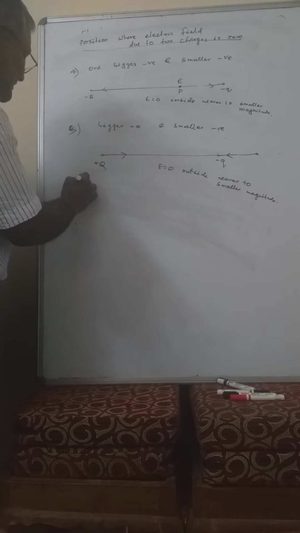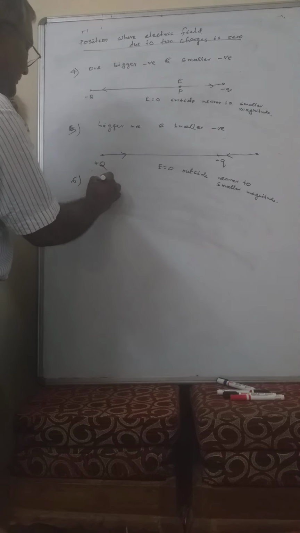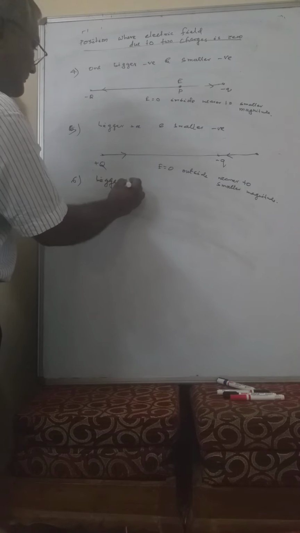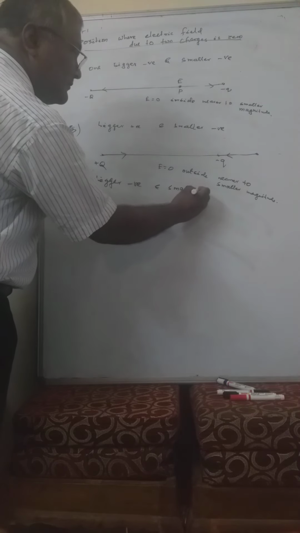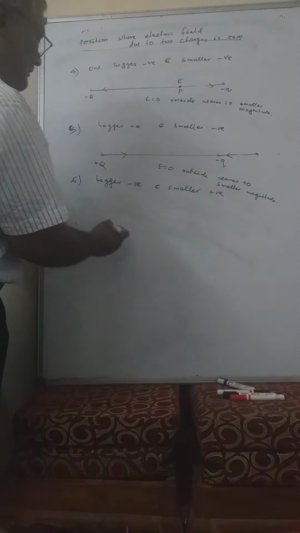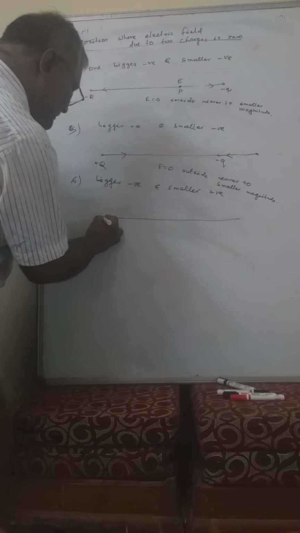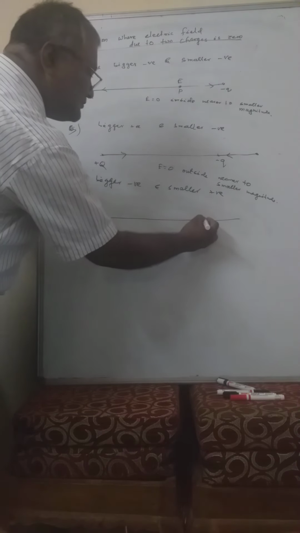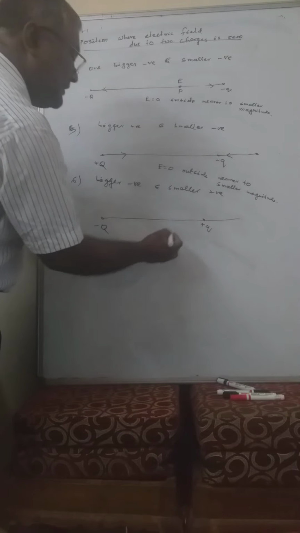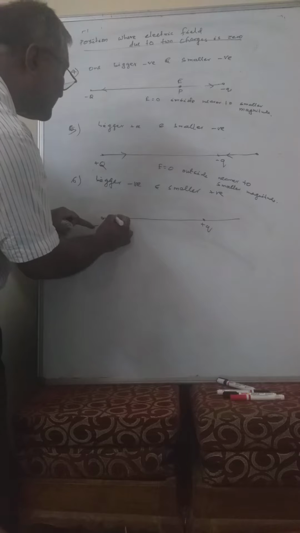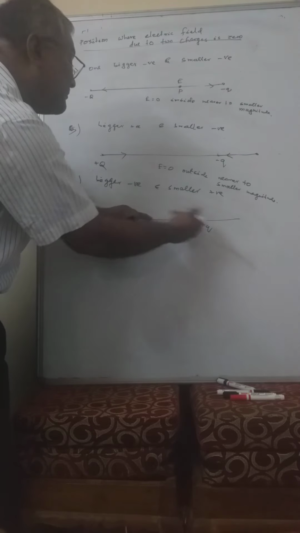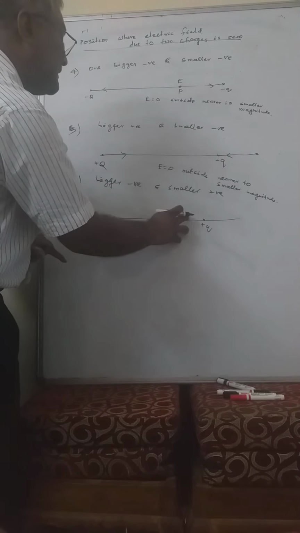Next, sixth: bigger negative and smaller positive. So how will the field be? This is minus Q, this one is small q. Again, if we take inside, the directions will add up. Suppose you are taking inside, the directions are added up, so we cannot take inside.